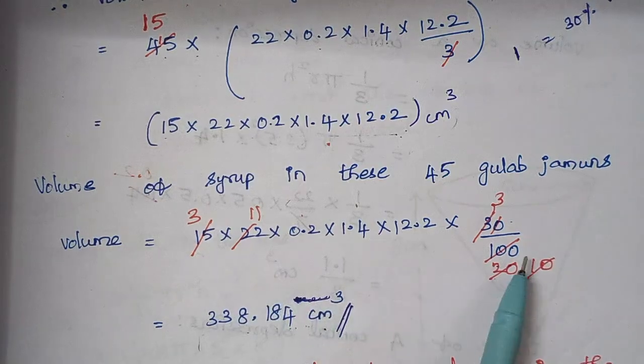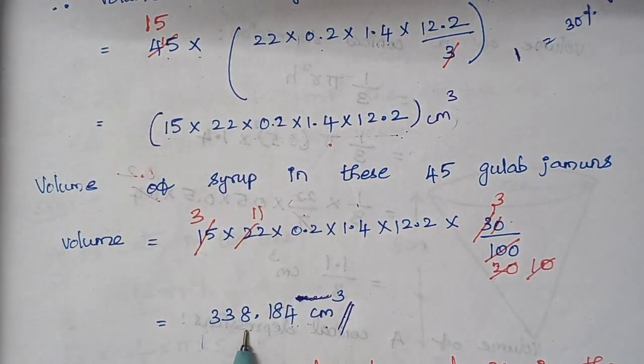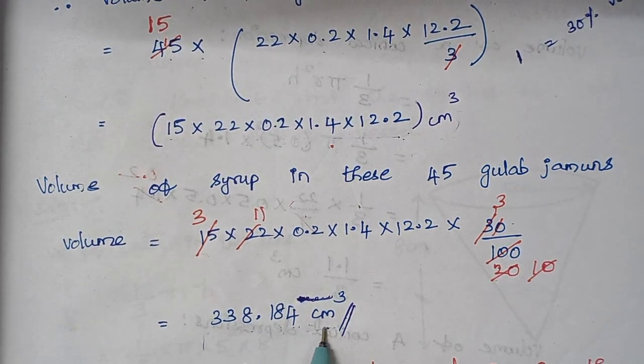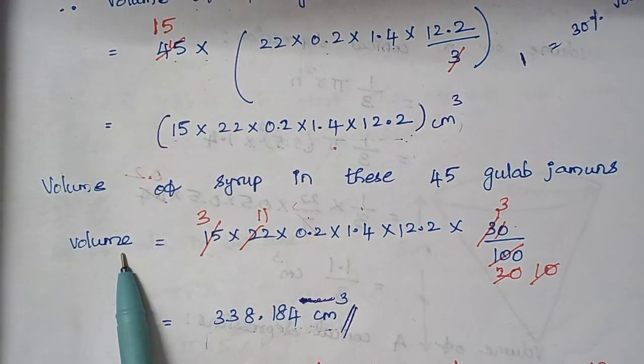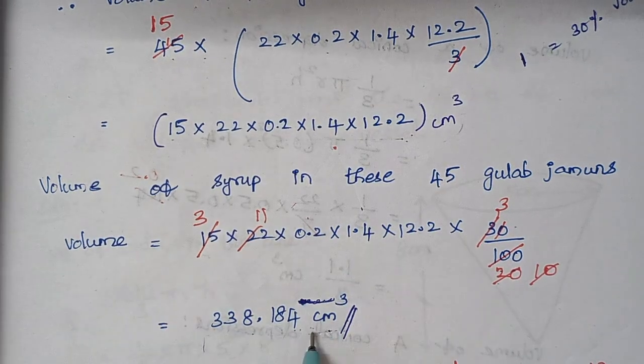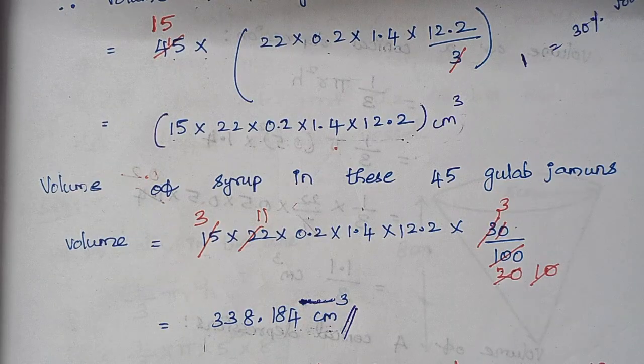When you simplify, we finally end up with the answer 338.184 centimeter cube, because we are discussing volume, right? And in the problem, all the dimensions are given in centimeters, so the unit should be centimeter cube.